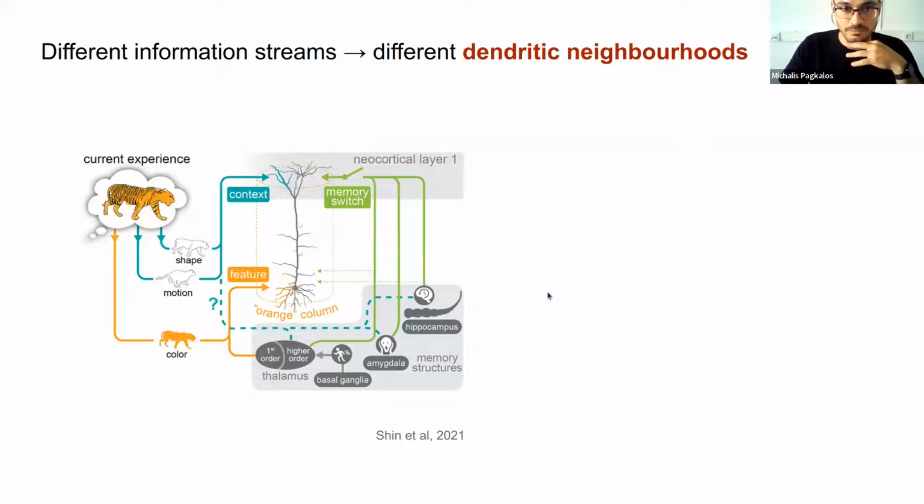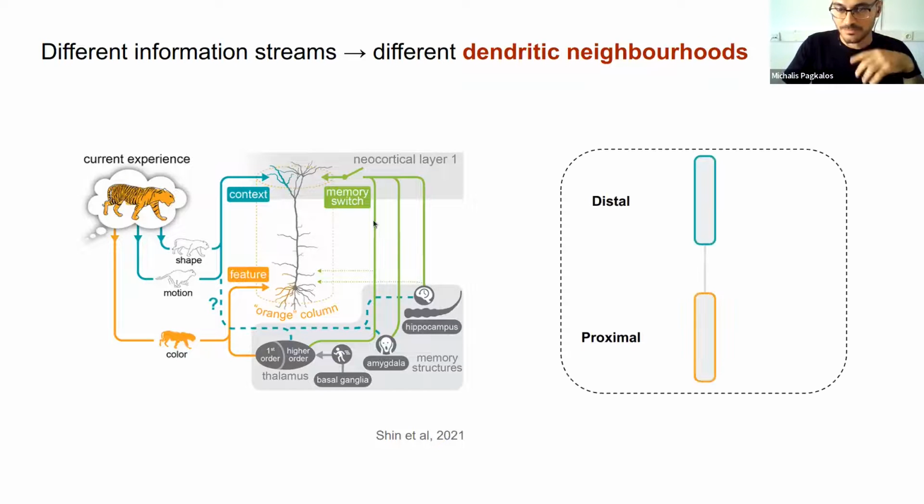Another key feature of real neurons is that they usually receive multiple streams of information that are also spatially segregated along the dendritic trees. To simplify this a bit, let's have this simple example here.